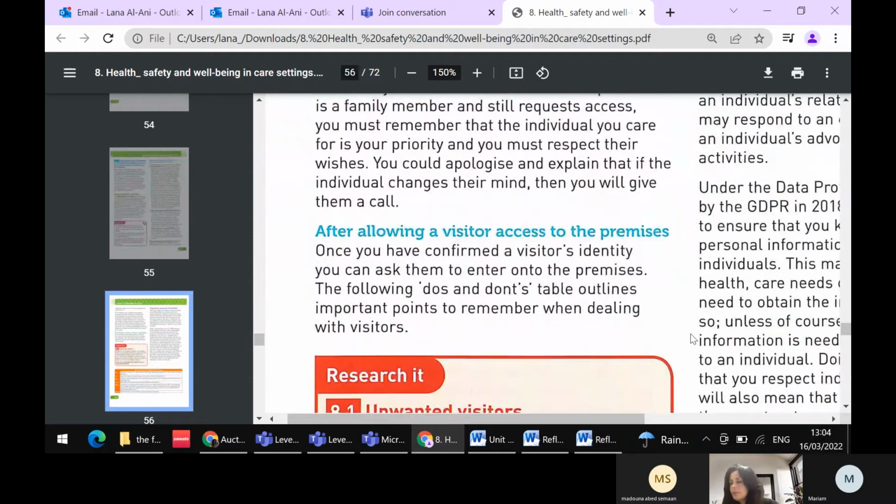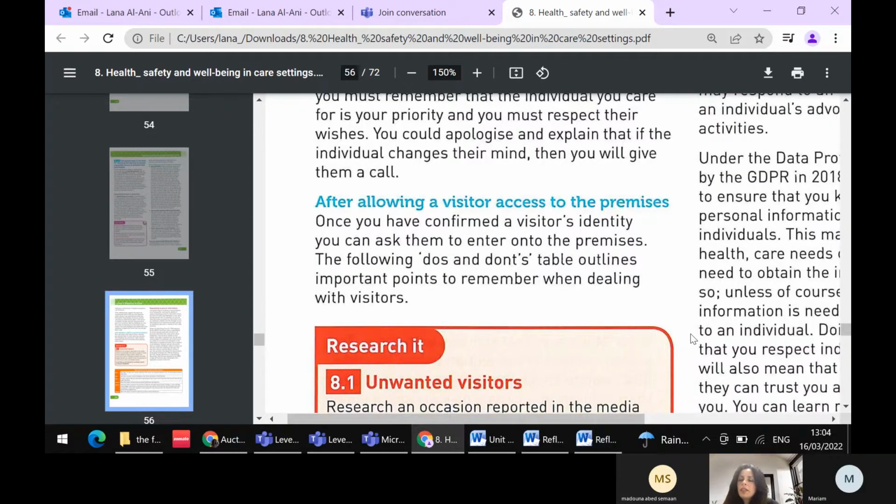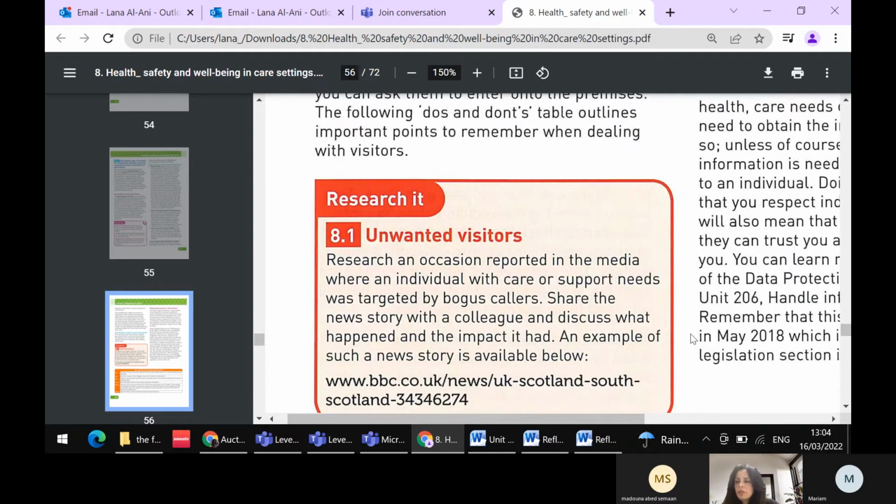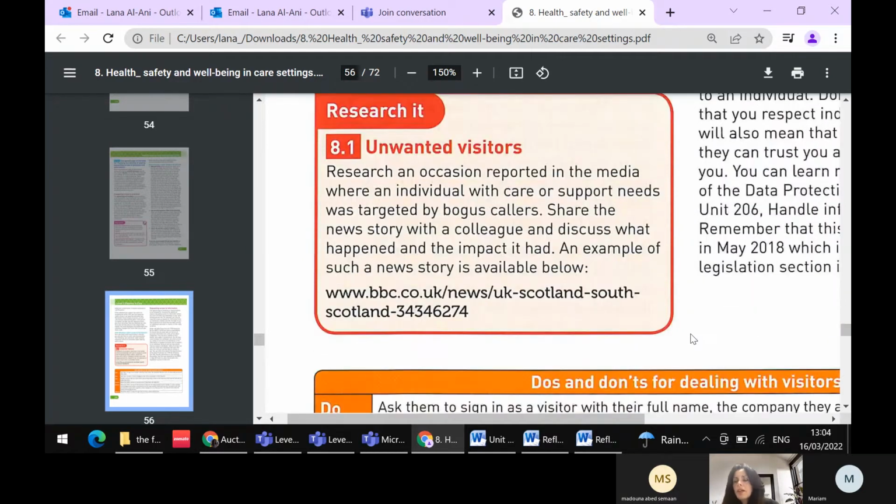Good so far? Yes. Okay, excellent. After you confirm the visitor's identity, you know them, and the people give you consent, then you let them in. It is important to remember the name, the age, and who you dealt with. There are some visitors who are unwanted. Your client wouldn't be happy to have them and wouldn't give you consent.